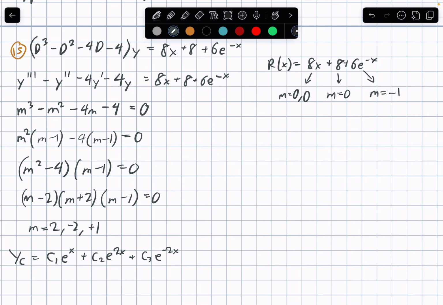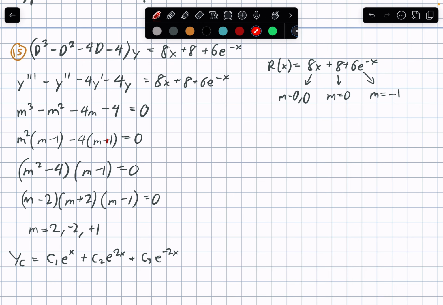Hold up. My bad. Early in the solution, it's already wrong. This is supposed to be plus. Sorry, I didn't copy the problem correctly.